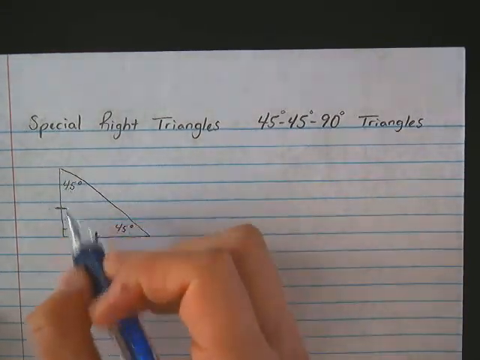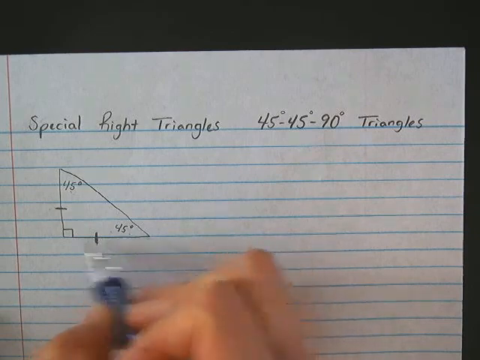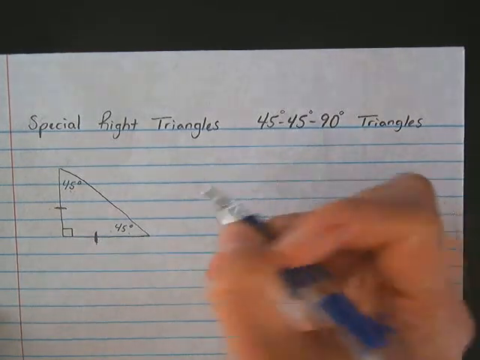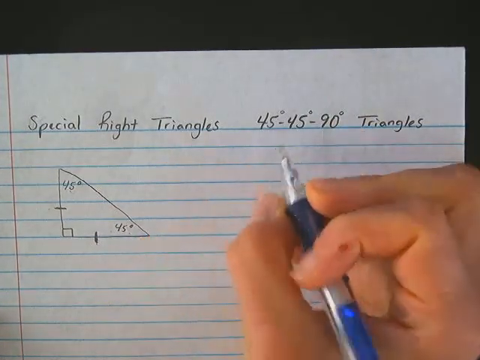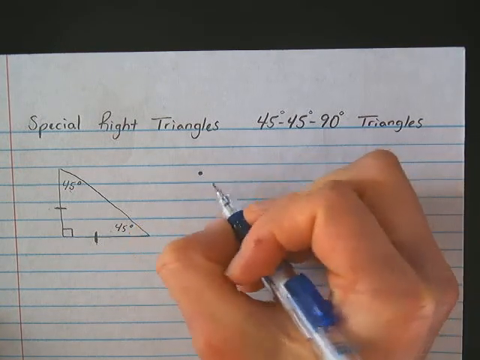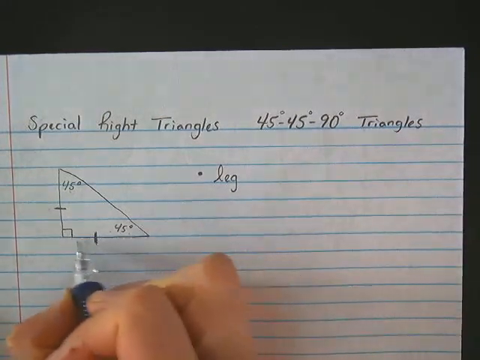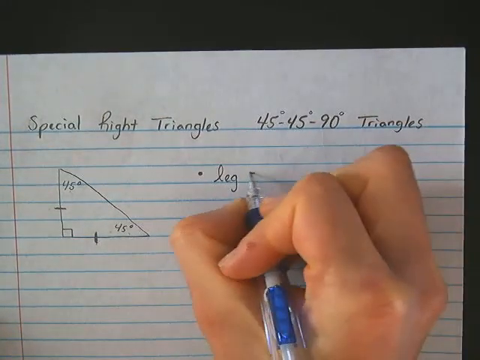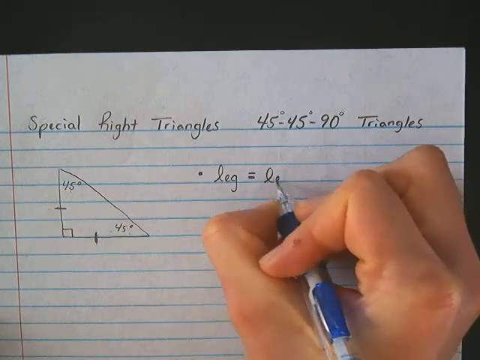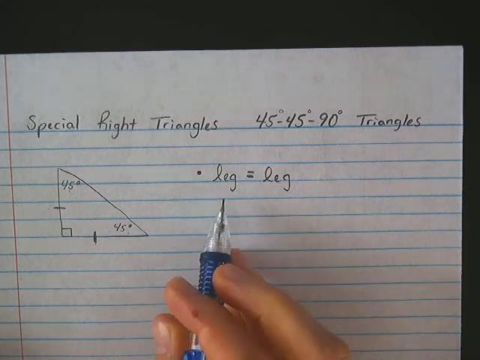And notice in this triangle, this is a leg of the triangle, and that's the other leg of that right triangle. Okay, so the first property that you need to know about a 45-45-90 triangle, I'm going to put a little bullet point, is that the legs are actually equal. So whatever the length of this leg is will actually equal the other leg of the triangle. Okay, so that's the first property.